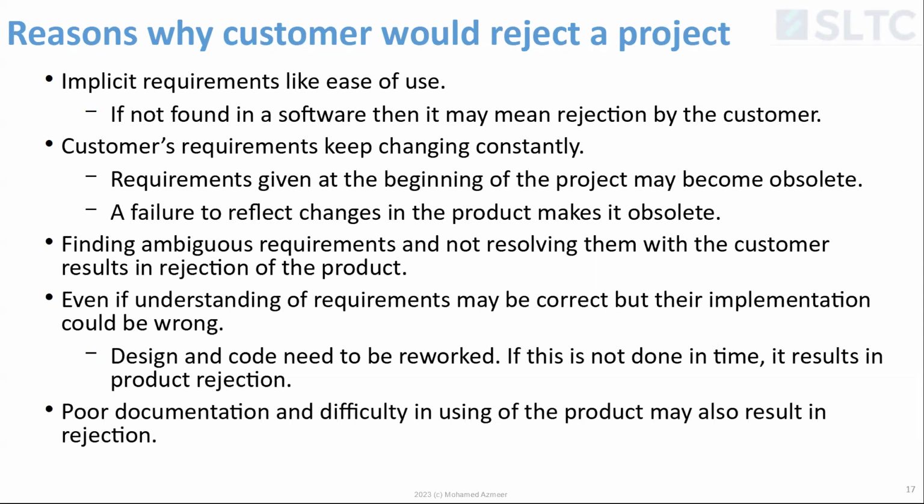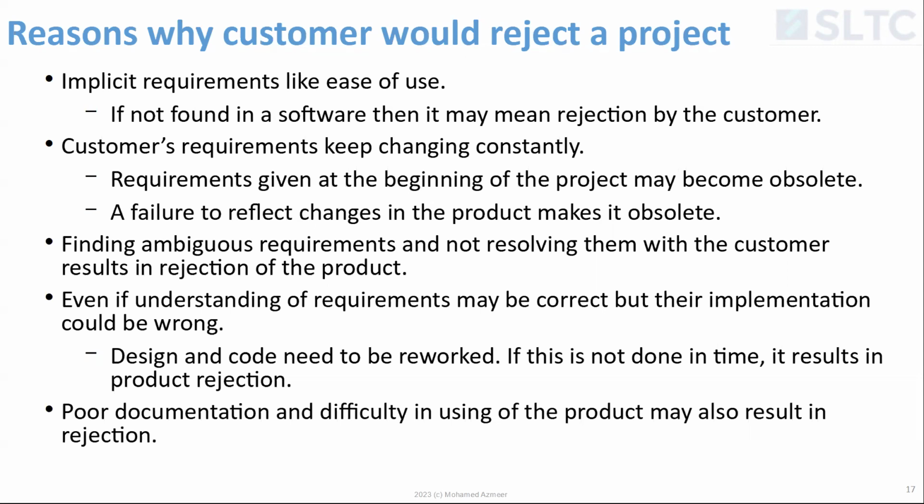But sometimes the developer understands the requirement and the problem, but when it comes to implementation, maybe due to their lack of experience in coding, they might still do something wrong. So that is also possible. And the last point is poor documentation and difficulty in using the product. Poor documentation is the developer's issue.